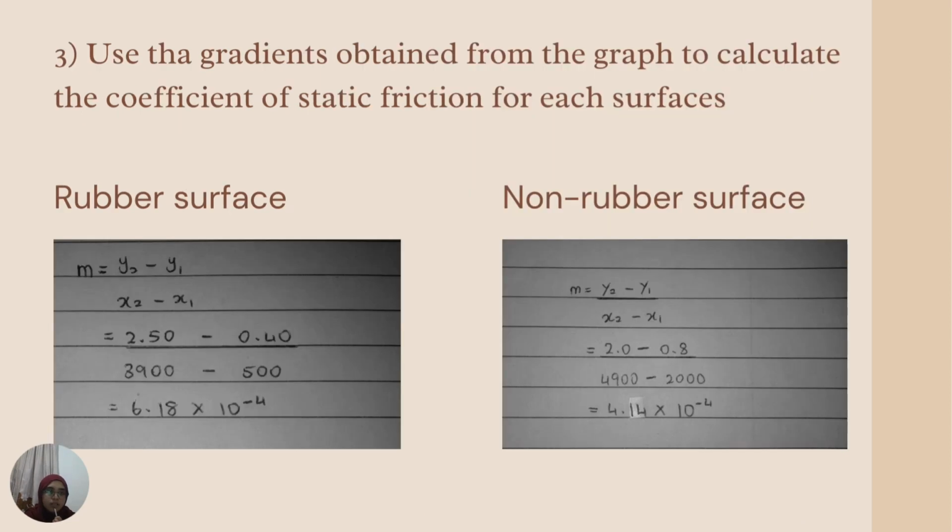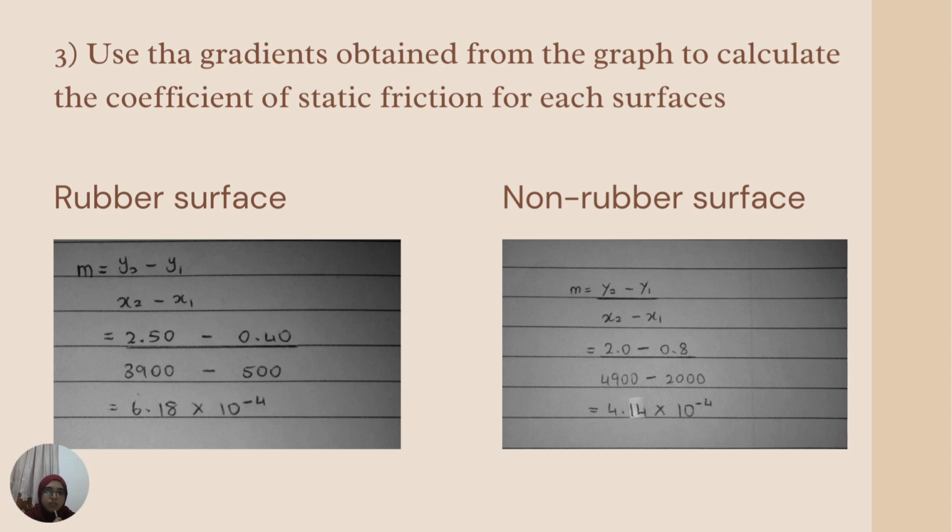Number 3, use the gradient obtained from the graph to calculate the coefficient of static friction for each surface. For the rubber surface, I use the points from the graph and not from the table. This is from the graph, 2.50 minus 0.40 per 3,900 minus 500, which equals 6.18 times 10 to the power of negative 4.